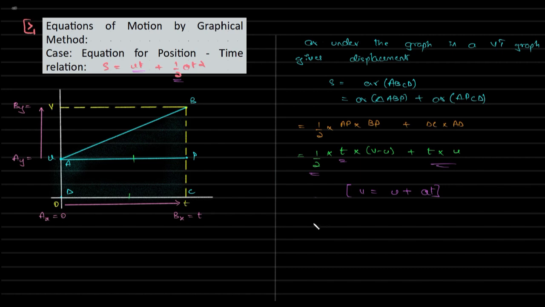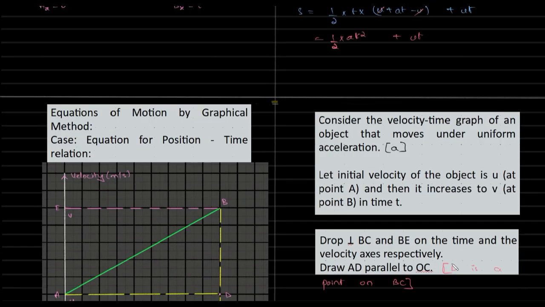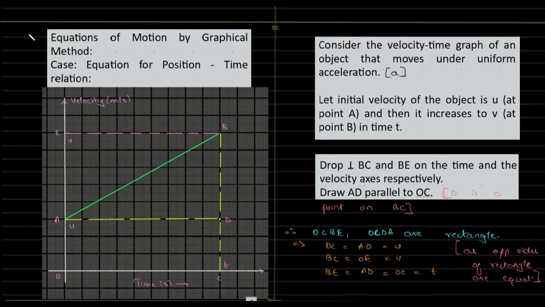So we have S is equal to half into T into U plus AT minus U, plus UT. So U and minus U get cancelled, and you have half into A into T, that is half AT square, plus UT, and that would be your formula. A very small set of substitutions, and you can see it's a simple idea that is expanded to this formula. So as a write-up, you would need to write this amount.